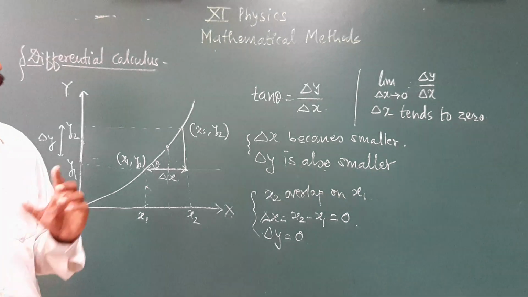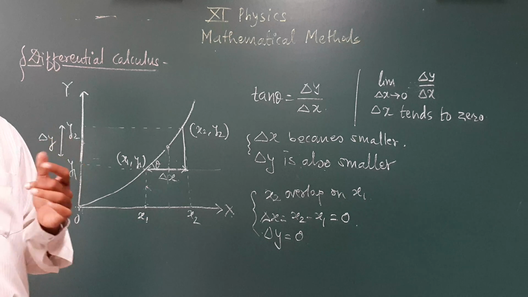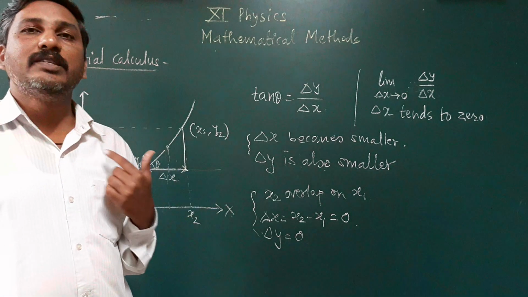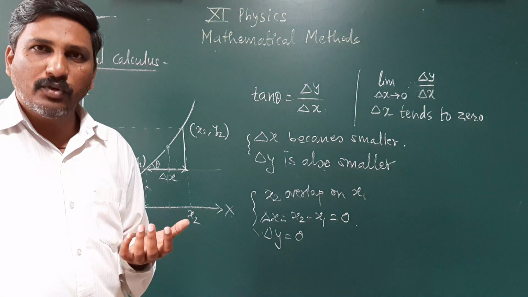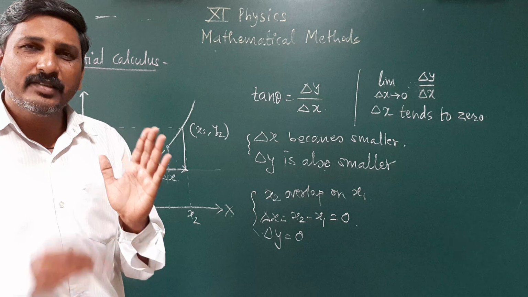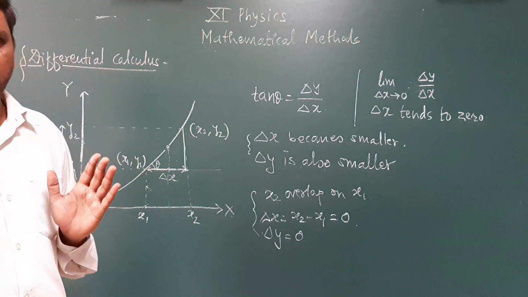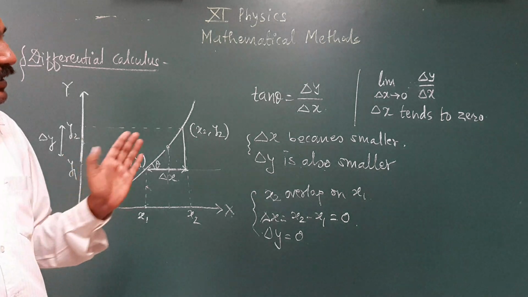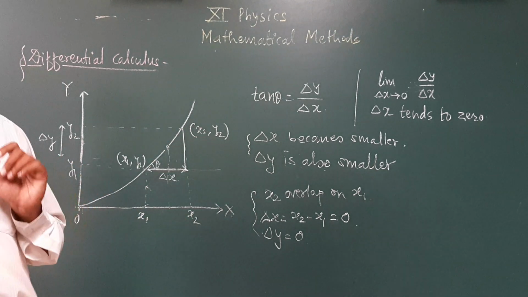Not exactly 0. Understand by a parallel example: the mass of one gas molecule is negligible. Negligible means it is nearly equal to 0, not exactly 0. It is 0.0000000 and at last there is a non-zero digit, like a 1. Here delta x tends to 0, delta x approaches 0.